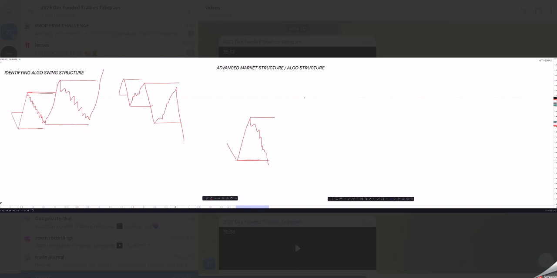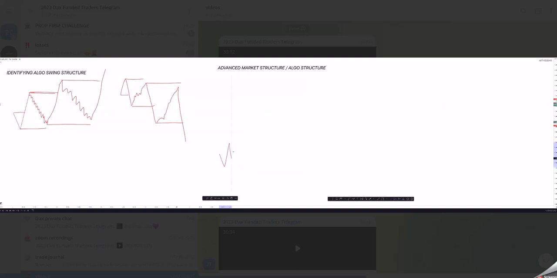The first higher low is your A, the second higher low is your B. Then this is your first higher high, second higher high, and the third higher high becomes your C. So to see something like this play out, price takes out this low, then a continuation. You always want to expect the B to be taken out.